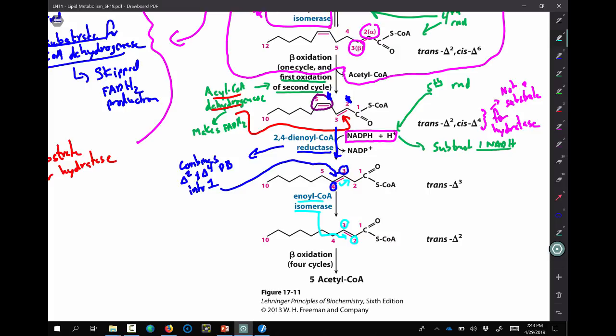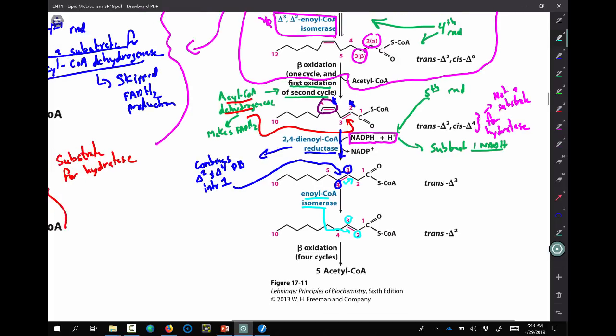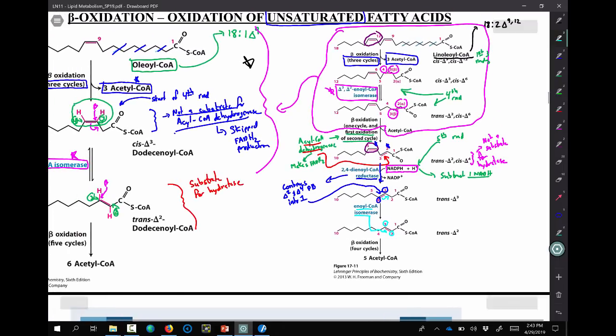Okay? So, like I said, it becomes a little bit complicated, because in this process you are minus 1 FADH2 and minus 1 NADH. The minus 1 FADH2 is because you skip the acyl dehydrogenase in the 4th round. You're minus 1 NADH because you have to use an NADPH with the reductase reaction, combining 2 double bonds into 1.